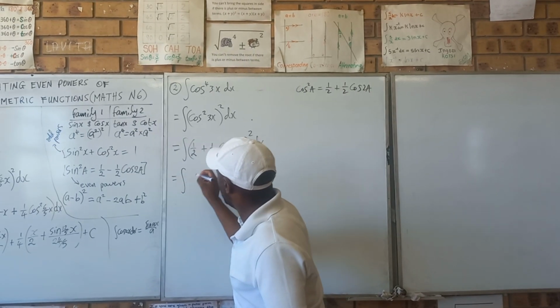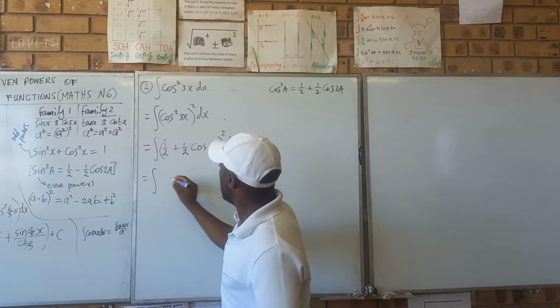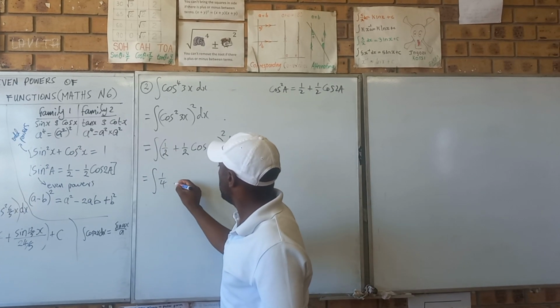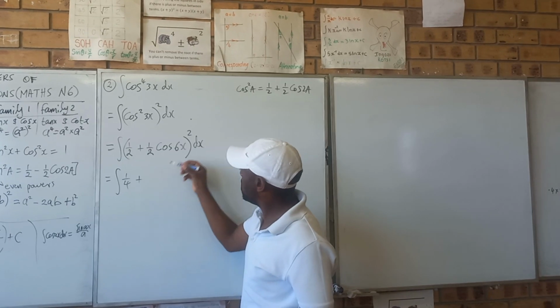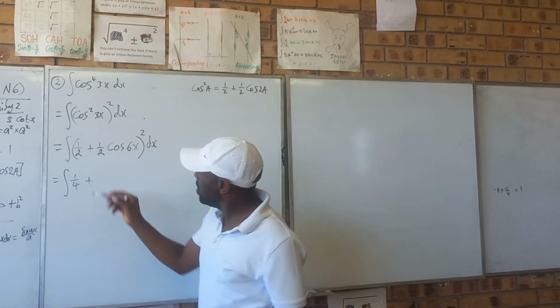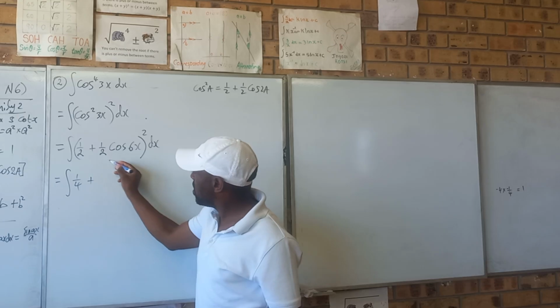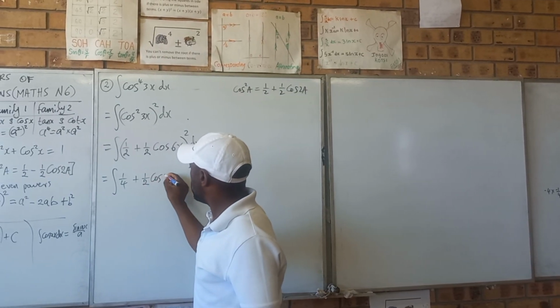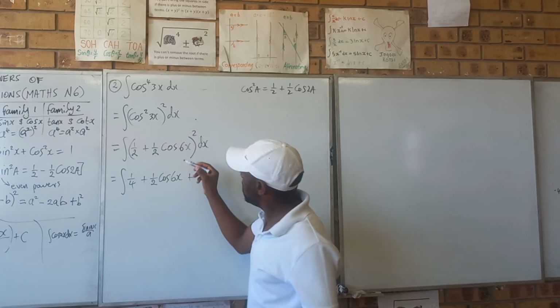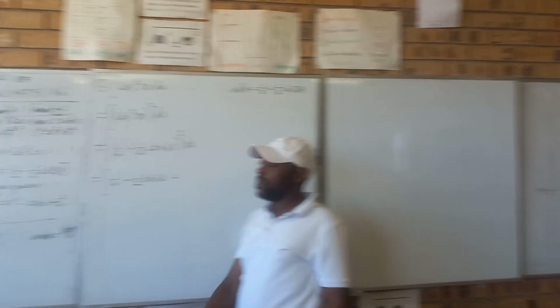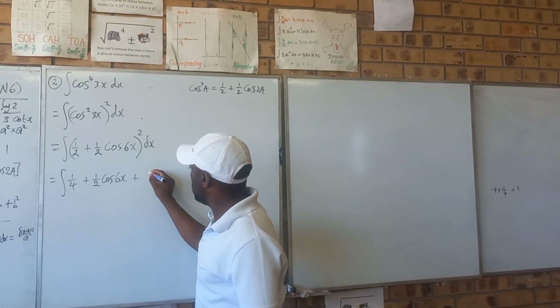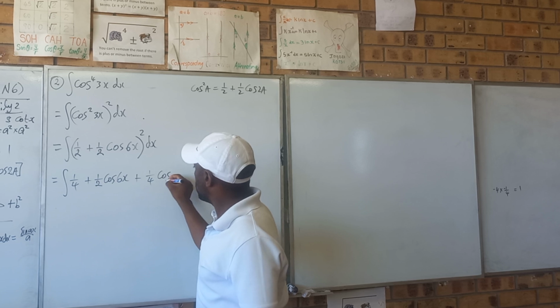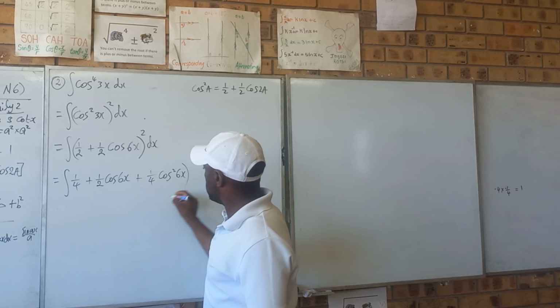So I get the integral of a half square is 1/4 plus, then the middle term, I will take 2 times a half, which is 1, times a half cos, that will give me a half cos 6x, then plus, I then square a half cos 6x, that will give me 1/4 cos square 6x.